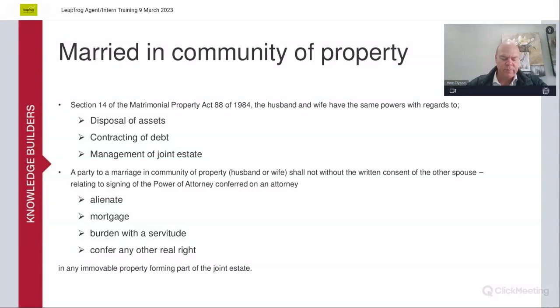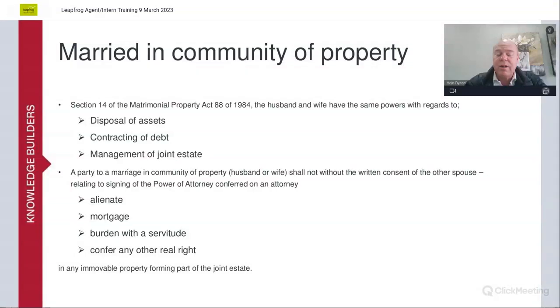However, if a person is married in community of property, husband or wife, doesn't matter, you cannot, without the consent of your spouse, of the other party, alienate immovable property. You cannot sell immovable property.